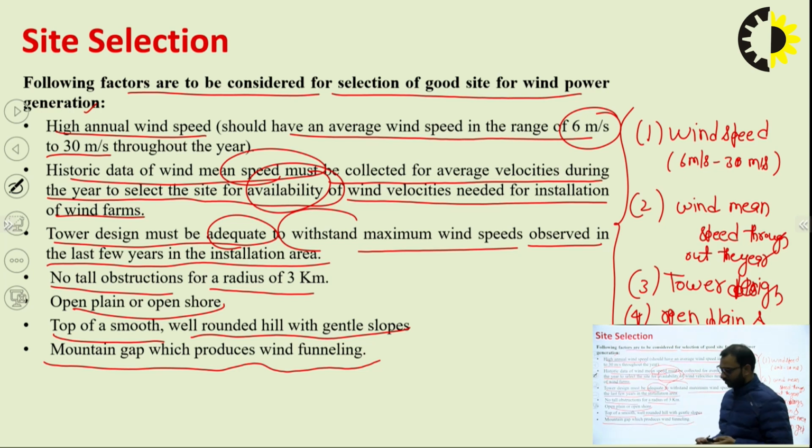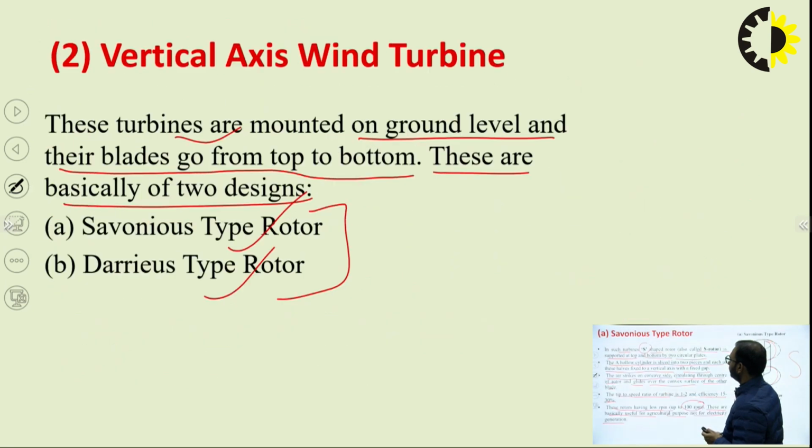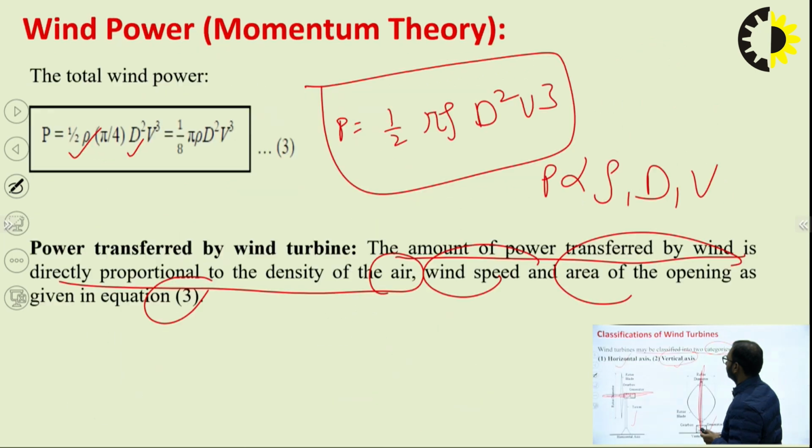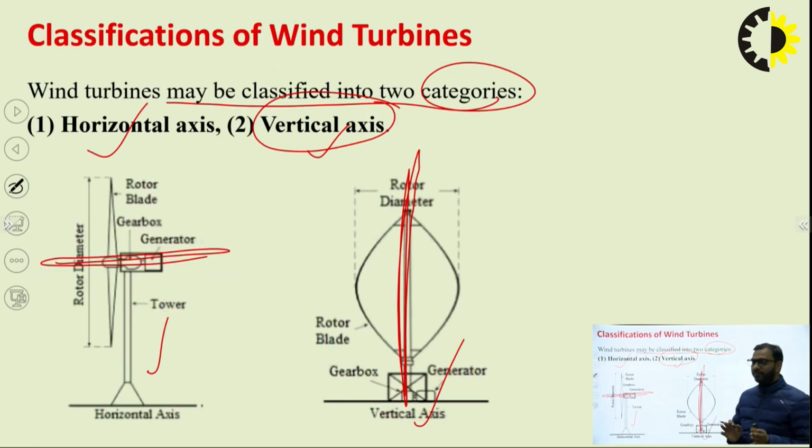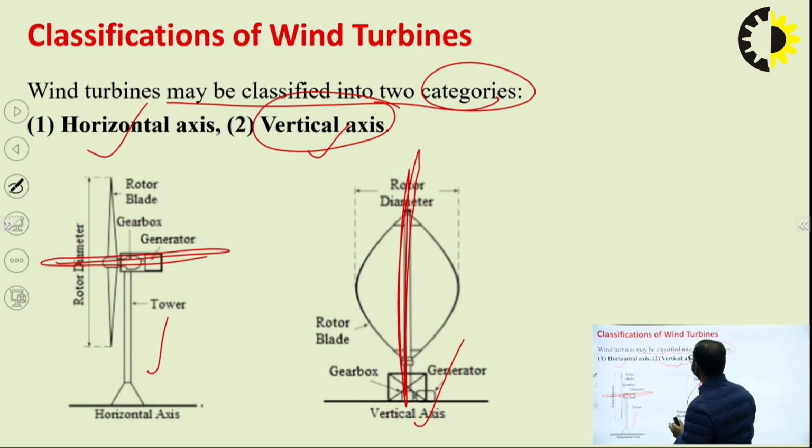Okay. So here we have seen that wind turbines are classified into two types, horizontal and vertical. So this is a horizontal axis turbine and this is a vertical axis turbine.